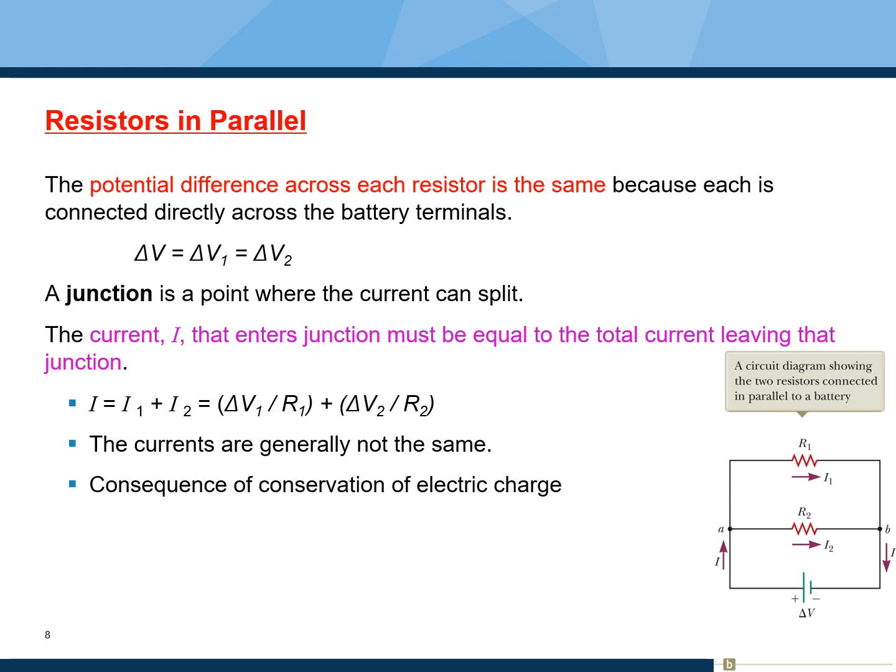So in parallel, what happens is that between the points A and B, we realize that both those points are connected to the ends of the battery, and so we should expect there to be the same voltage drop between points A and B if we traverse through resistor R1 as we should expect if we traverse through resistor R2.